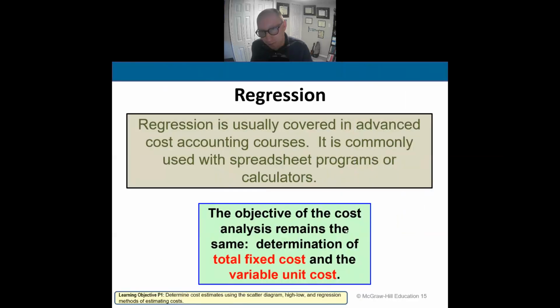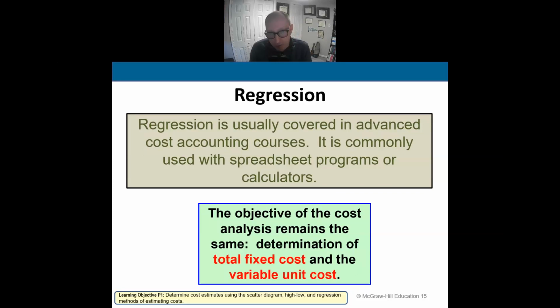Now for the pain. Regression analysis. Regression statistics. I know regression statistics. We do use this in advanced cost accounting courses. For those of you who are accounting majors and you're thinking about going on to get that bachelor's in accounting, there's a good chance you'll run into regression analysis in your advanced cost accounting course.